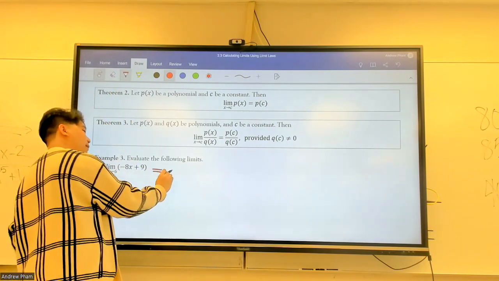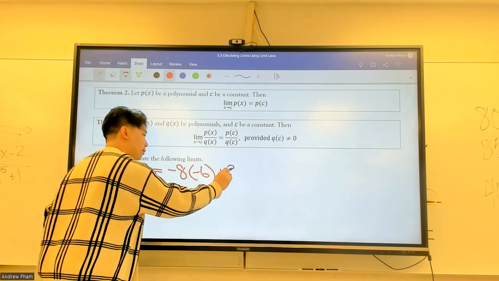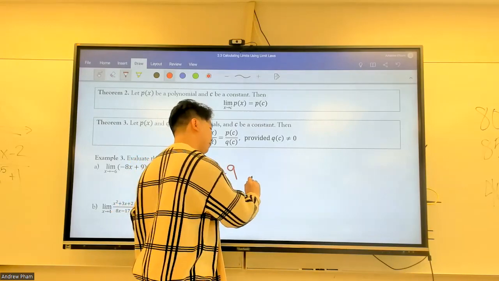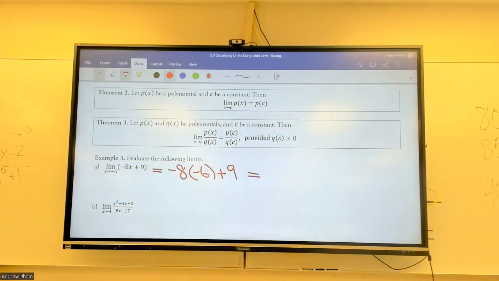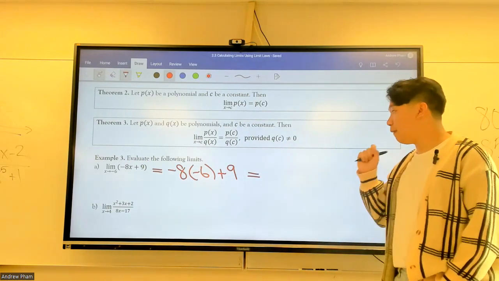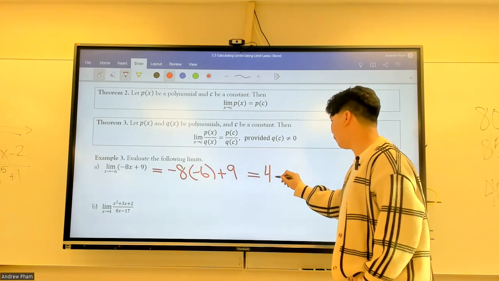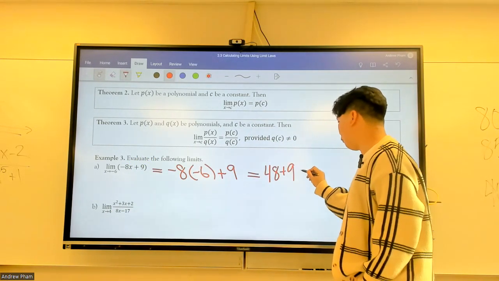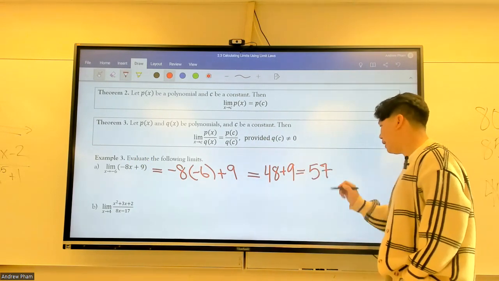So if I plug in -6, I get -8 times -6 plus 9. And then we're going to clean this up. What's -8 times -6? Yeah, so -6 times 8, I believe we should get 48. So we get 48 plus 9. And then what's 48 plus 9? Yeah, we get 57.